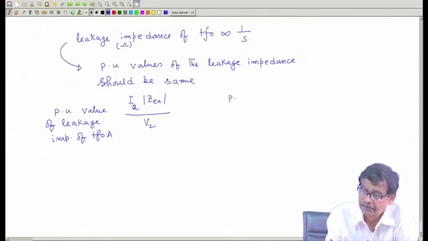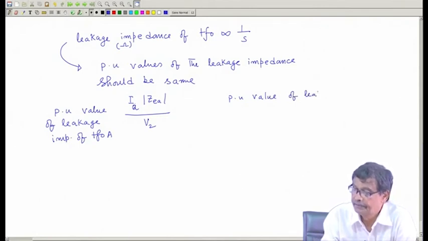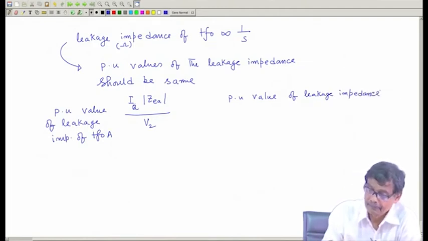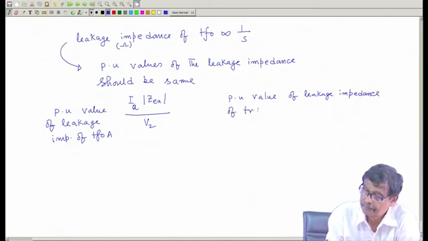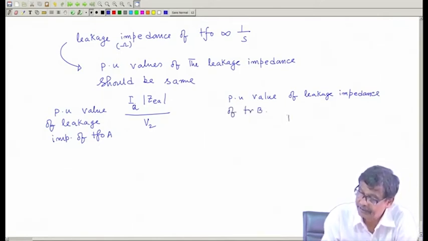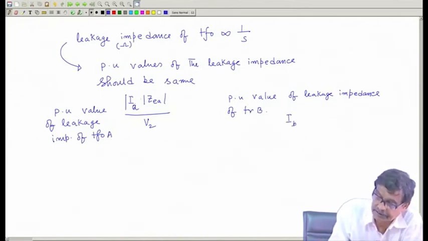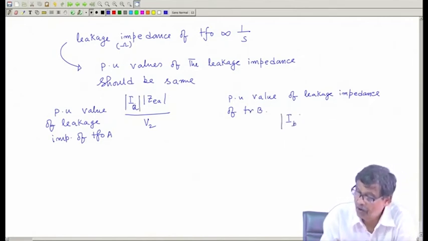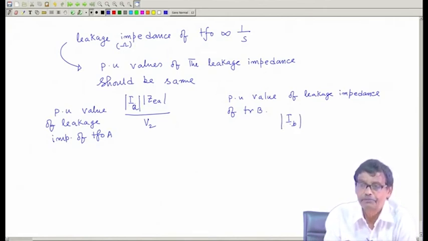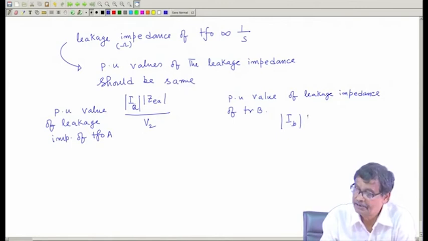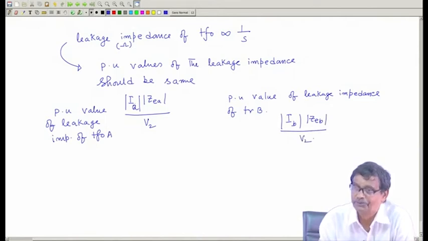Similarly, per unit value of leakage impedance of transformer B will be its rated current, magnitude of the rated current, how much is dropped in that with respect to the rated voltage, IB ZB by same voltage V2.